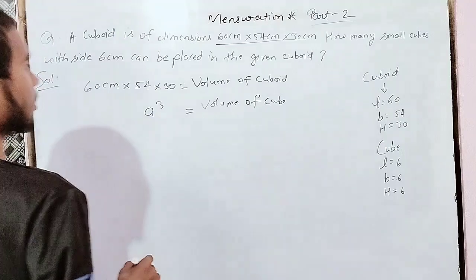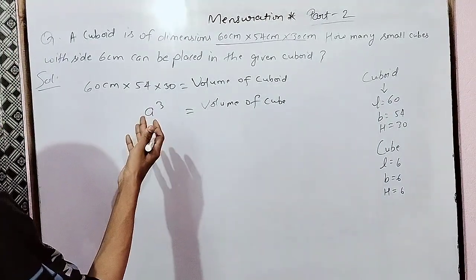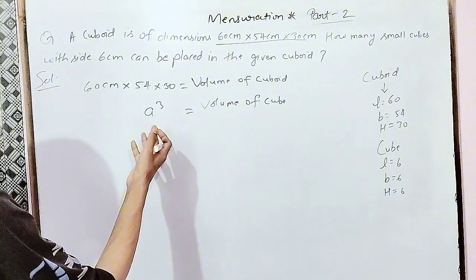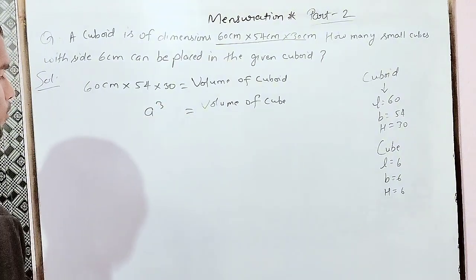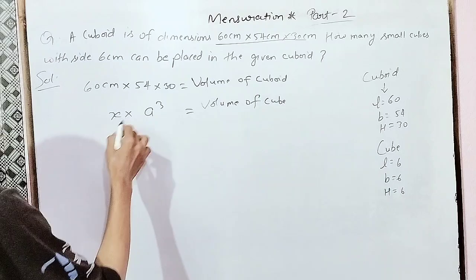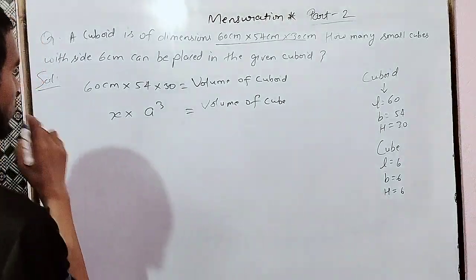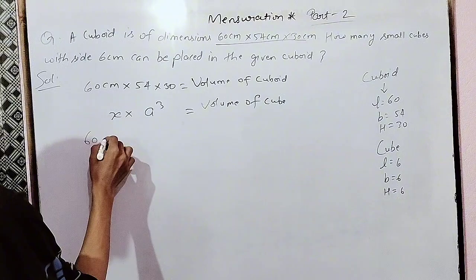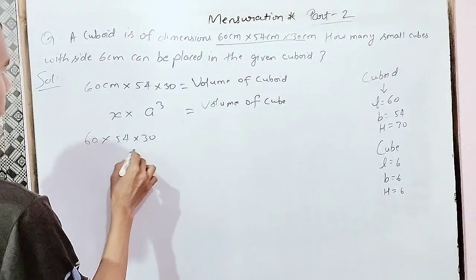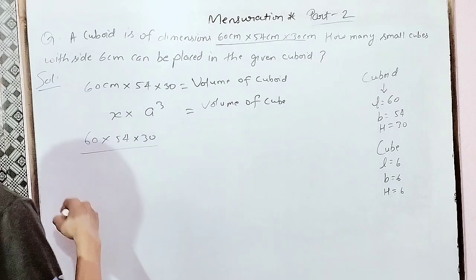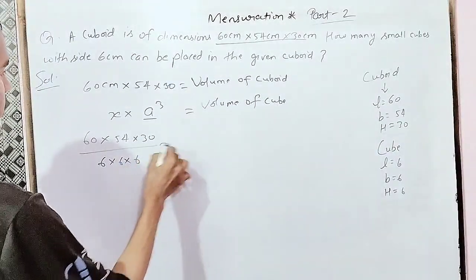How many cubes can be put in the cuboid? For the number, we are applying a variable. Now, 60 centimeter, 54, 30 upon A cube. This A is 6, so 6 multiplied by 6 multiplied by 6.